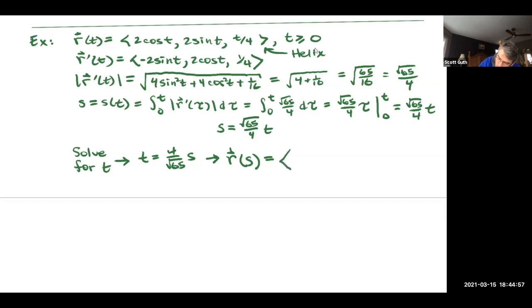So here we go. We're going to write 2 cos of 4 over root 65 times s, comma, 2 sine, same thing, 4 over root 65 s, comma, need some more space, so I'll deal with that.